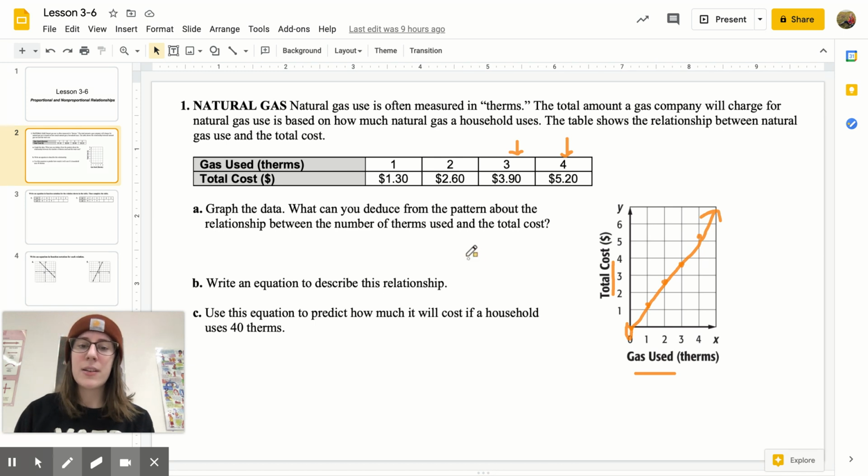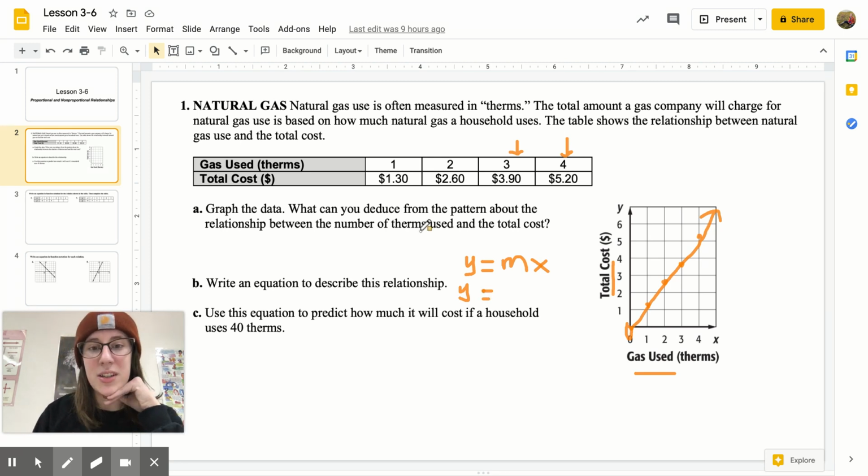Then to write an equation, we don't have an intercept that changes, so we can just use the format y equals mx. Y being our cost and x being your gas used. That's just our general format we've worked on in earlier chapters. So our m is how much we're changing each time.